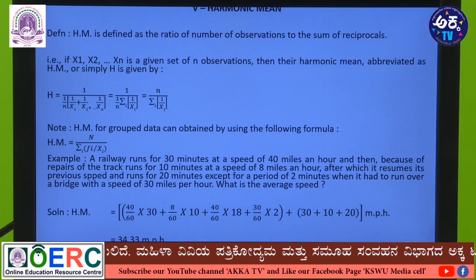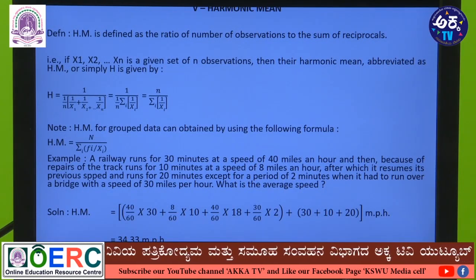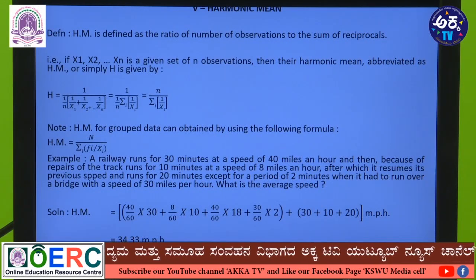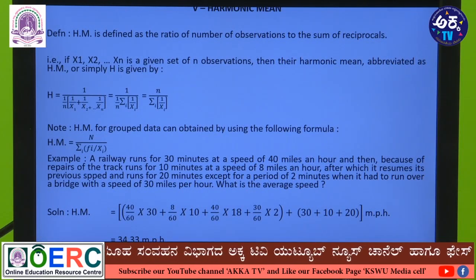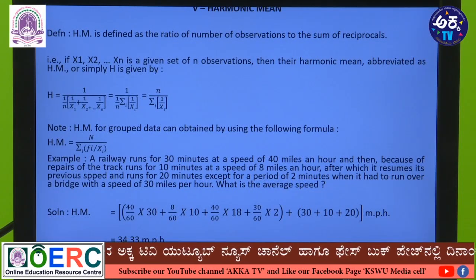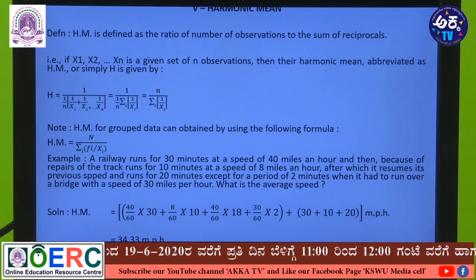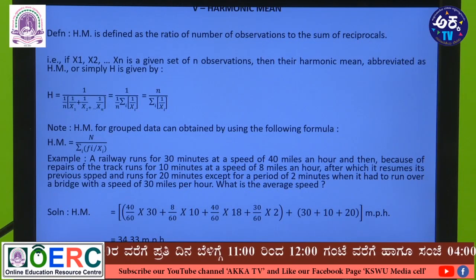For example, speed of vehicles, speed of trains, speed of aeroplanes, the speed with which a person is typing, like that. Any data which represents speed will ask for harmonic mean as an average. So, what is the definition of harmonic mean? Harmonic mean is defined as the ratio of number of observations to the sum of their reciprocals.